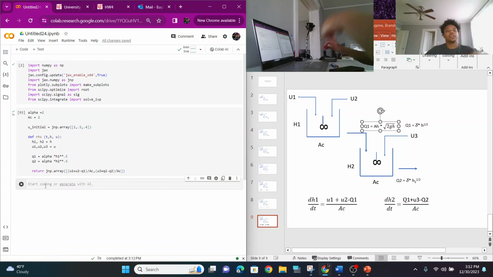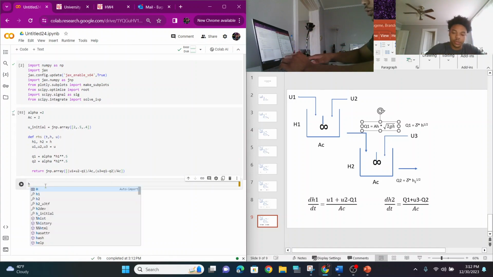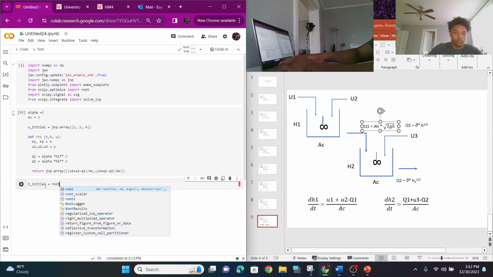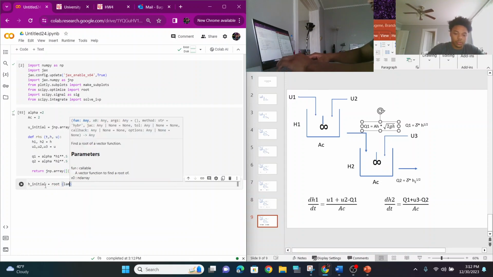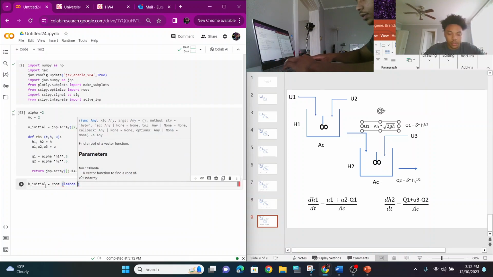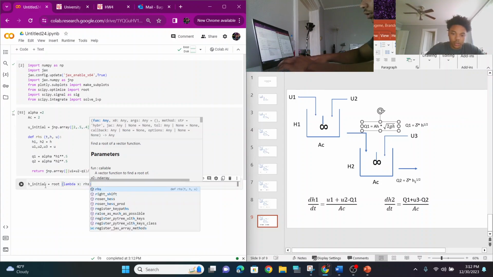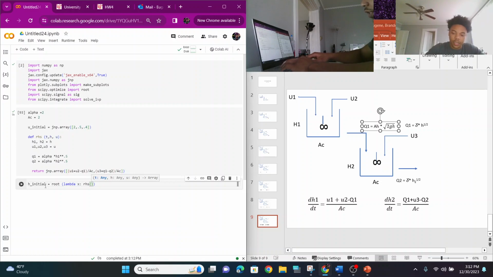Alright, and now we're going to find our initial heights for both of our tanks. The way we're going to be doing that is using a root solver within Python. For time, we're going to be entering 0. For h, that's what we're looking for.